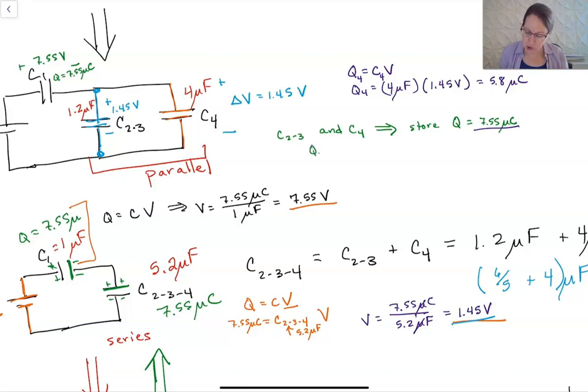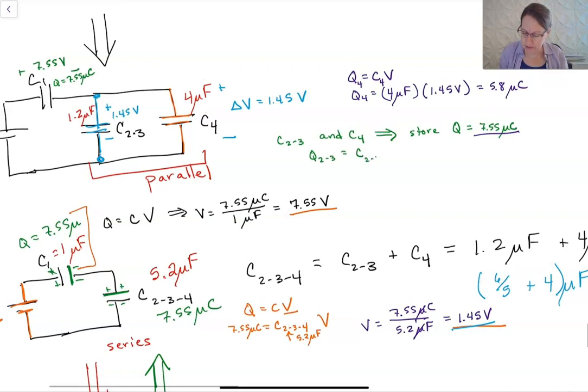So the charge on 2,3 is equal to its capacitance times its voltage. So that means charge on 2,3 is equal to 1.2 microfarads times 1.45 volts. And when we put that in the calculator, I get 1.74 microcoulombs.